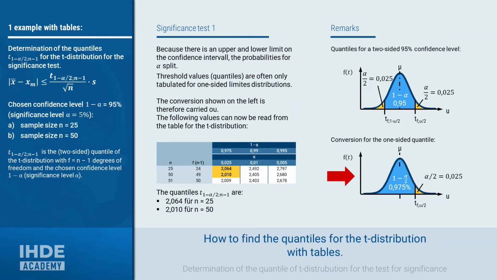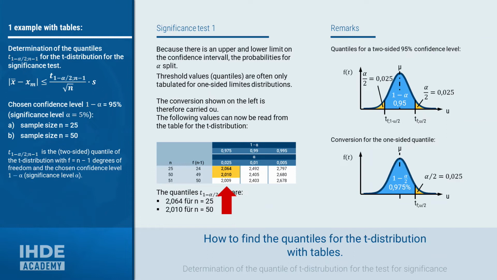To do this, let's now look at the image below on the right. There is only one limit here. 2.5% of the values are on the right side of this limit and 97.5% on the left. Thus, for a 95% confidence level, either the column for 1 minus alpha equals 0.975 or for alpha equals 0.025 must be found in the table.